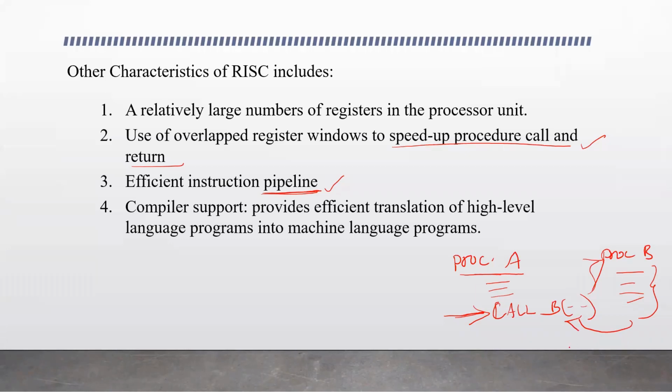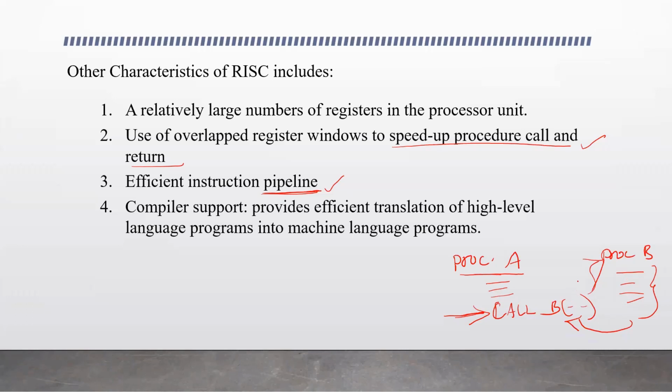Before returning, it has to restore the values that are stored, right? Before branching, the values were stored in the registers, including the return address, and these need to be restored. And then the control branches to the actual location. So it's a very time-taking procedure, correct? There are so many operations. The local variables and the return address need to be stored in some registers or in memory locations.